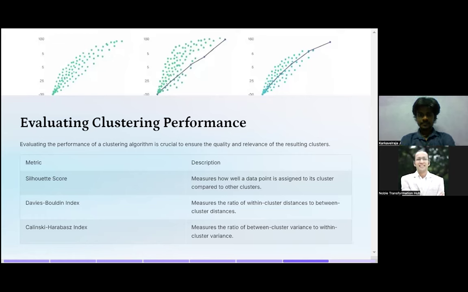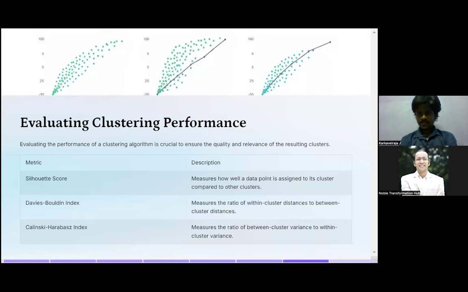This is what you need to understand: the silhouette score measures how well a data point is assigned to its cluster compared to the other clusters. It compares with other clusters and then gives a score.